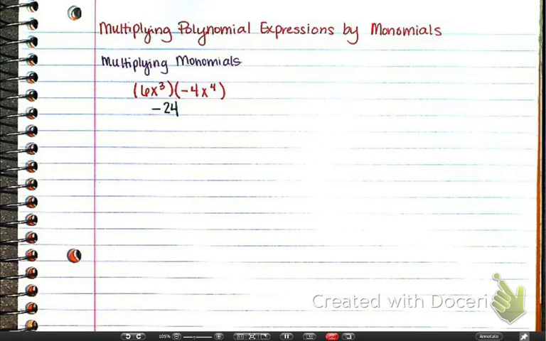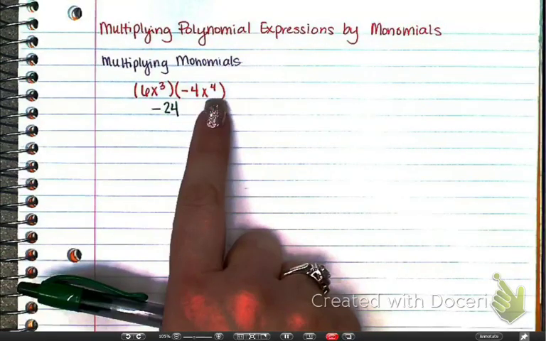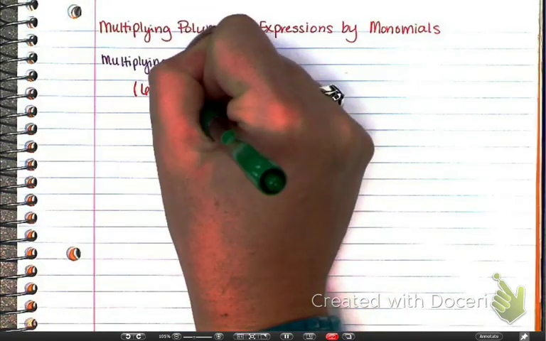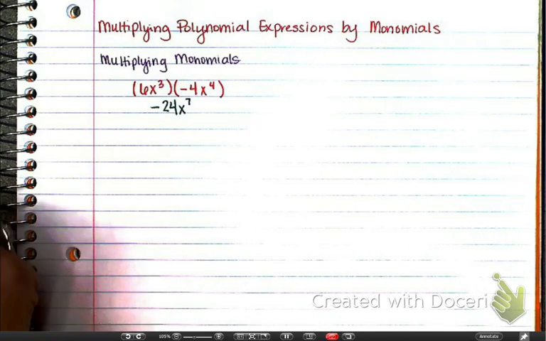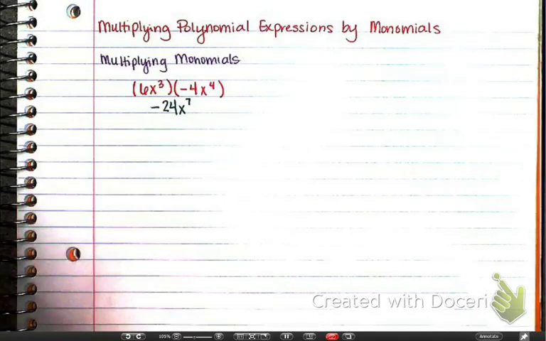You add them. I have 3 here and 4 here for a total of 7. Okay, so you multiply coefficients, you add exponents. That's why we had to do the exponent review, so we remembered all of those rules.